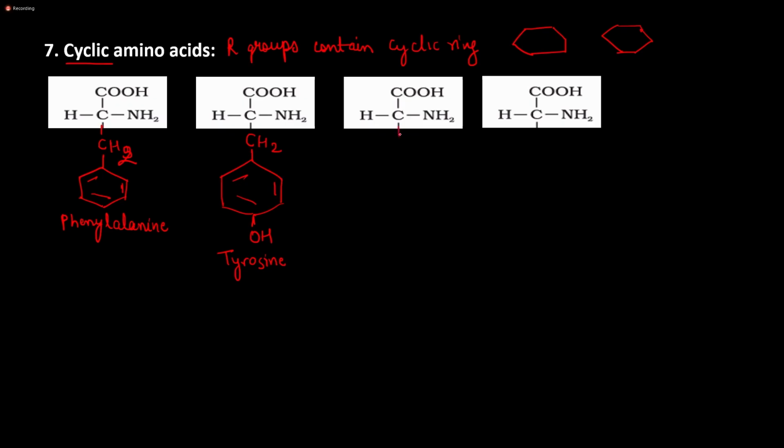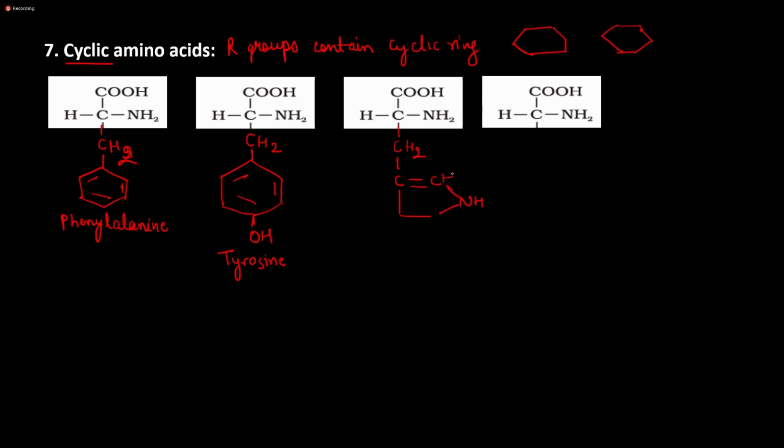Its structure is quite complicated, and it is one of the complex amino acids. Its structure is not very important, but for your knowledge, tryptophan looks something like this. It will have a group like this, and NH. This structure you have to practice.